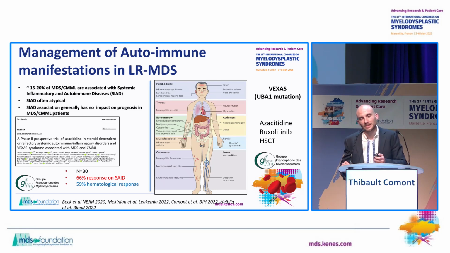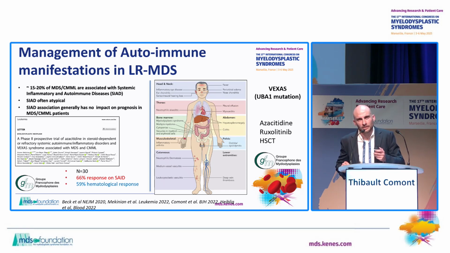And it's very exciting because we know that a part of these patients have, in fact, a new disease called VEXAS. It's an acronym for vacuoles, E1 enzyme, X-linked, autoinflammatory, somatic.